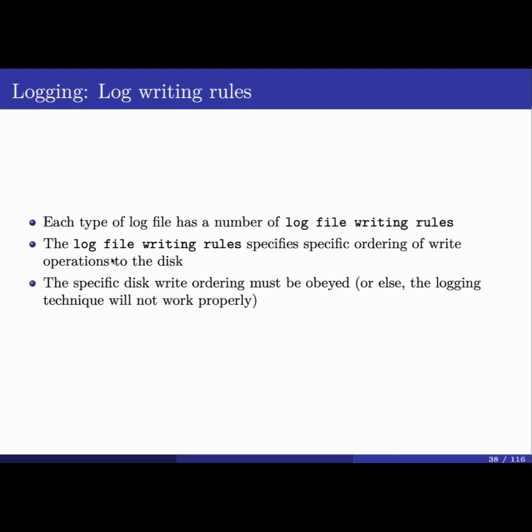We call these the log file writing rules, which specify a specific ordering of write operations to the disk. You have to follow these rules, depending of course on which logging technique you use, in order to make sure that you can find the information that you need in order to recover from the crash.